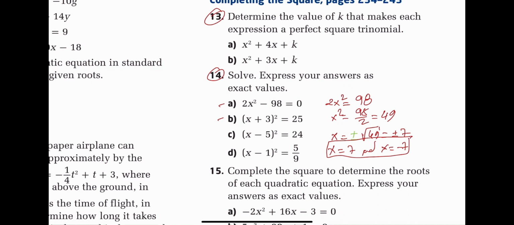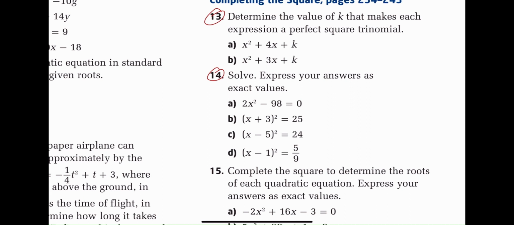Okay, so again, let me do the second one so you can master this. For this one, x plus 3, I have a square here and I should get rid of it.